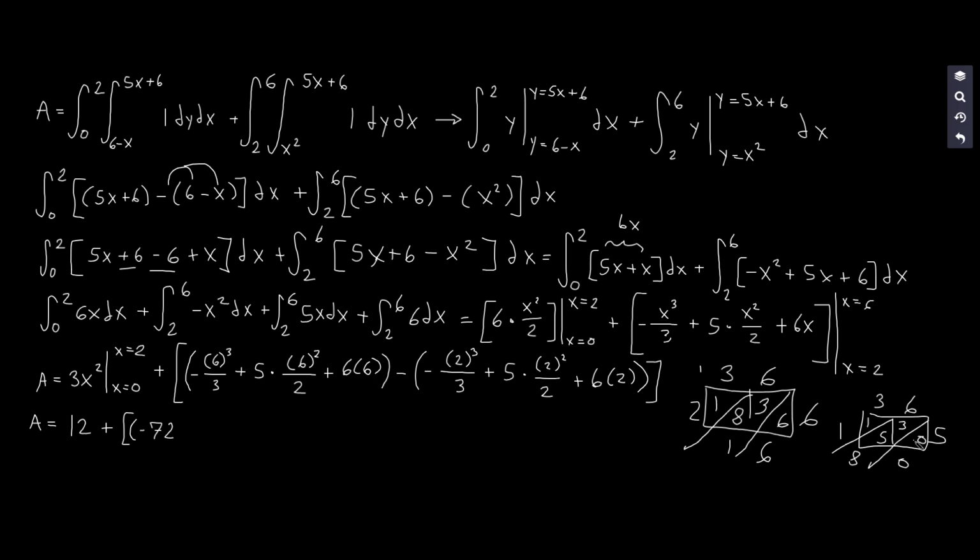What's 180 divided by 2? 90. So we'll have plus 90 plus 6 times 6, which is 36. Okay. Minus 2 times 2 is 4 times 2 is 8, so that's negative 8 over 3. Plus 2 times 2 is 4 times 5 is 20, 20 over 2 is 10. Plus 12. So let me just check my work really quickly.